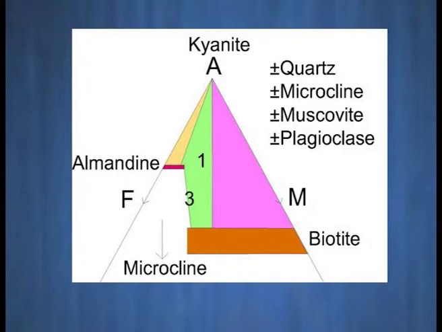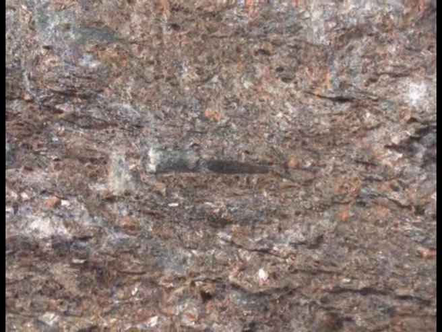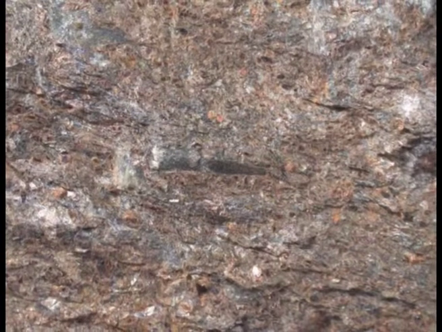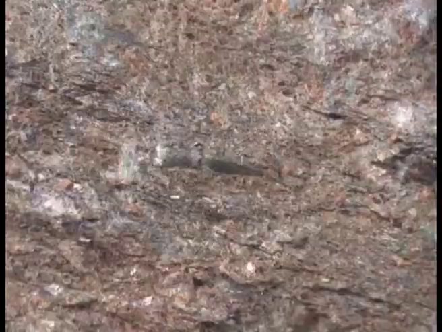It is also obvious that in this subfacies, kyanite is much more common as compared to the staurolite-almandine subfacies or staurolite zone, because the range of chemical composition from which kyanite now forms is much larger here.